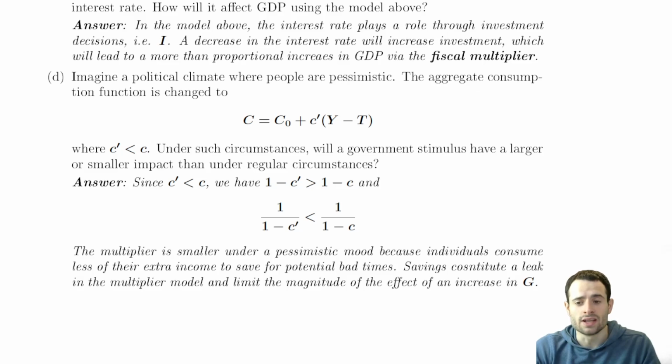Due to this mood, let's make the assumption that consumption will still be equal to autonomous consumption C0, but now the marginal propensity to consume will switch to C prime instead of C. And C prime is smaller than C. If you think the future is very uncertain, most likely you're going to save a bit more money, which means consume less, in order to protect yourself against future risks.